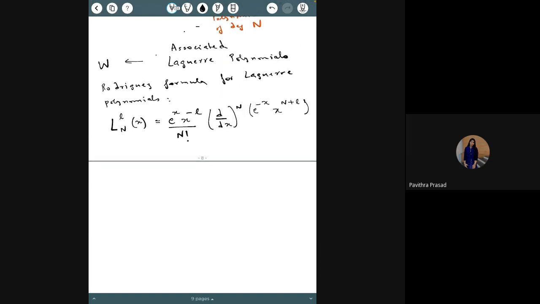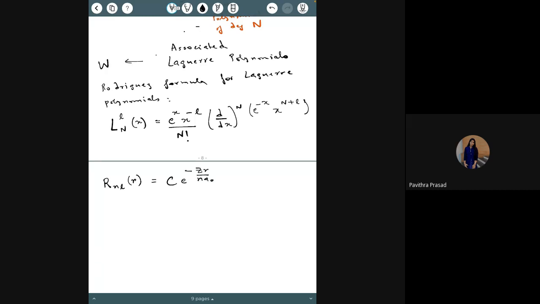And in terms of the Laguerre polynomial, the radial function or the solution is, what did we write? Some constant into e to the power minus zr by na0.